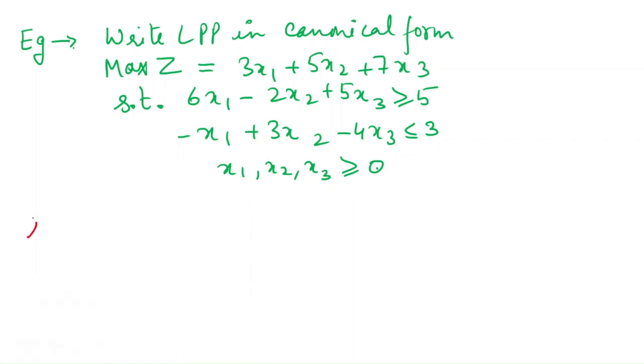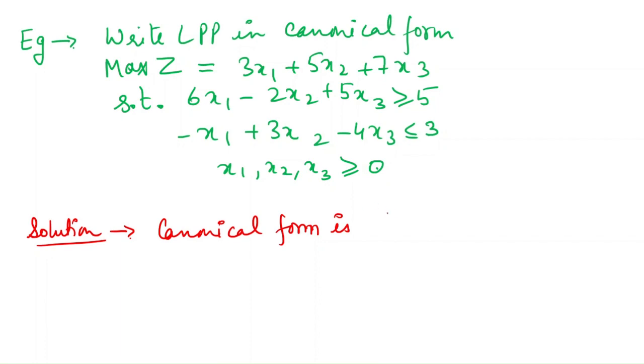So the solution would be, remember we have discussed 3 characteristics of the canonical form. The first one is that it is either a maximization or a minimization type objective function.